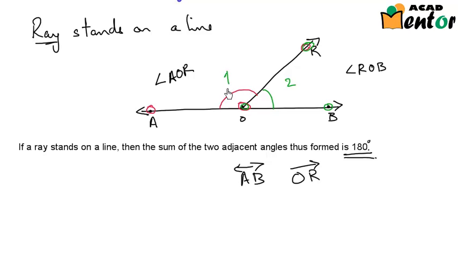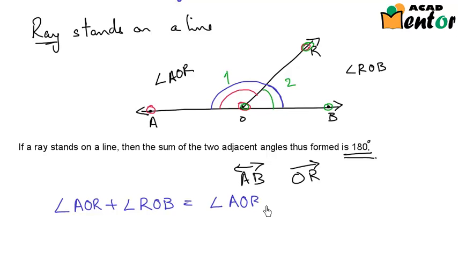That is, angle 1 is angle AOR and angle 2 is angle ROB. If we look carefully, then angle 1 plus angle 2 forms the complete angle AOB. So I can say angle AOR plus angle ROB is nothing but the whole angle AOB.